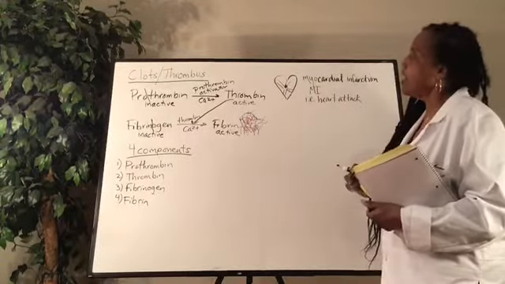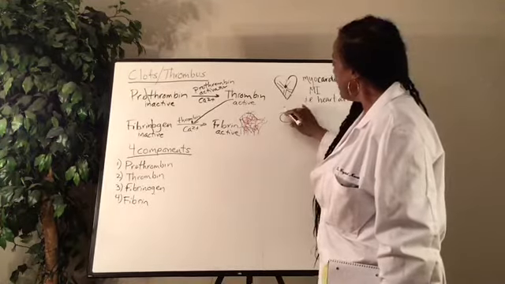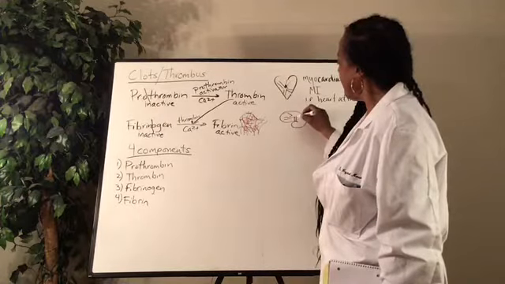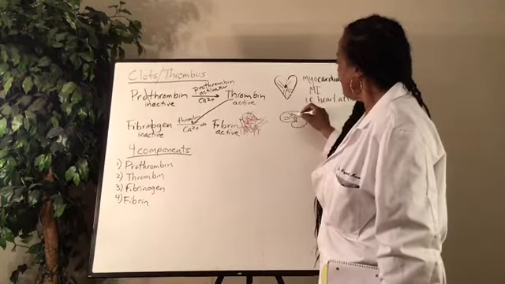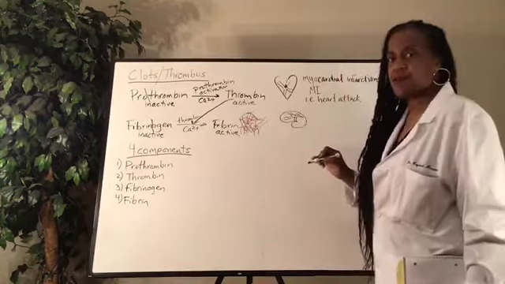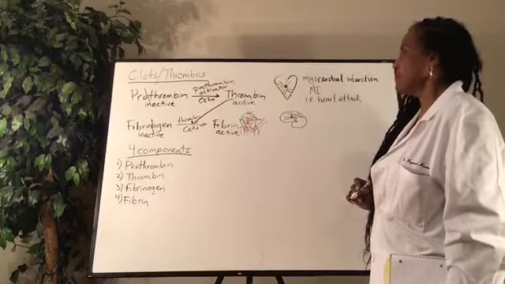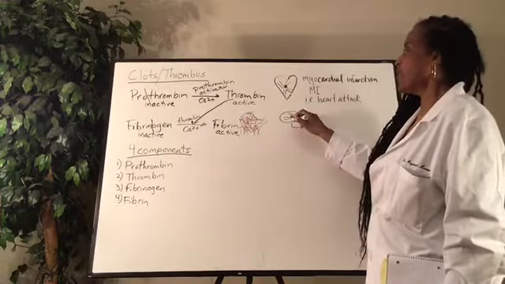Another one is in this organ. Let me just see if I can draw this organ here. Let's put blood vessels here, like that. And I'll put a clot here. This is the brain. So we'll put a clot here in the brain.